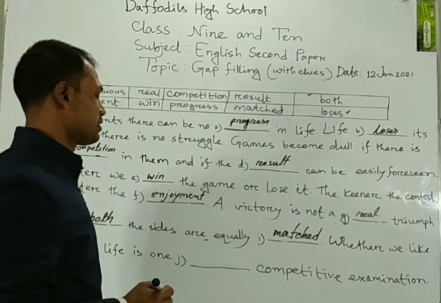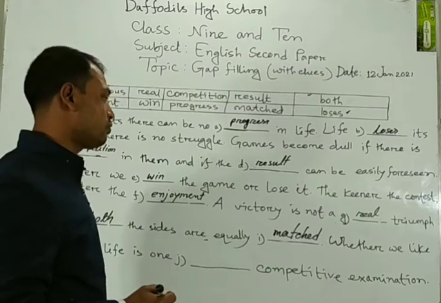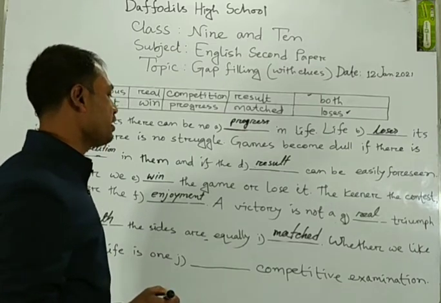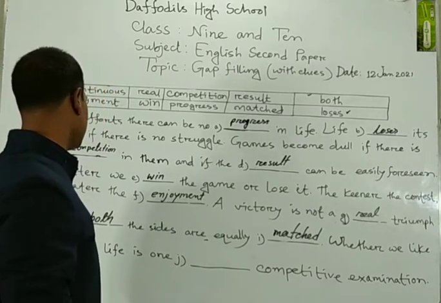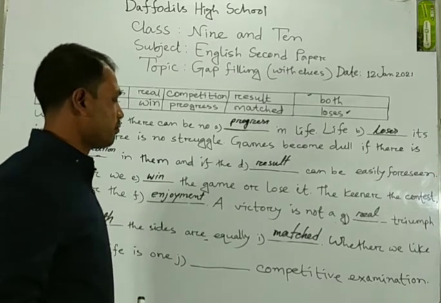We have filled the three gaps of this sentence. Now we shall try to find out the meaning of this sentence. A victory is not a real trump unless both the sides are equally matched.